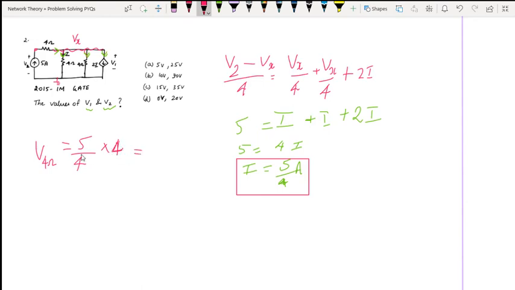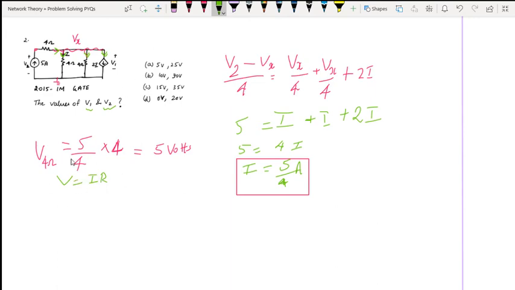So now what is the value of the voltage drop across the 4 ohm resistor? The 4 ohm resistor has a voltage drop of 5 volts. Okay, good. This is nothing but V equal to IR, that formula.